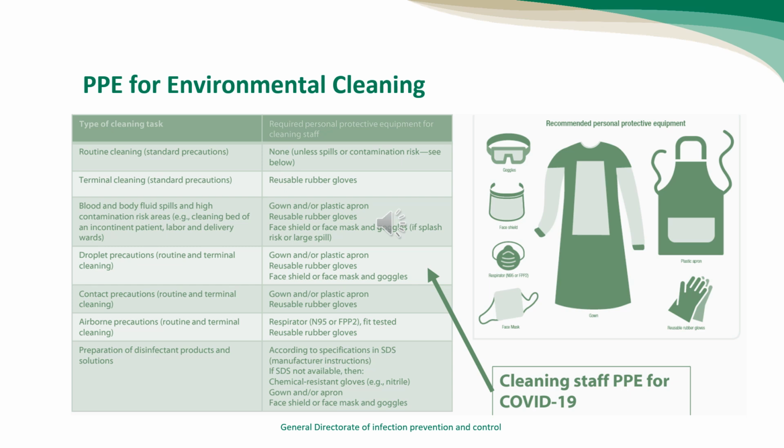For droplet precautions, routine and terminal cleaning, we need gown and or plastic apron, reusable rubber gloves, face shield or face mask, and goggles. For environmental cleaning with contact precautions, we need gown and or plastic apron and reusable rubber gloves. For airborne precautions, we need respirator N95, fit tested, and reusable rubber gloves.